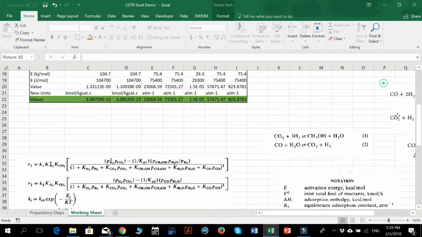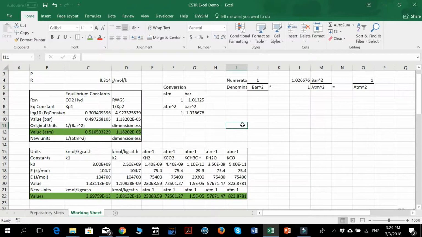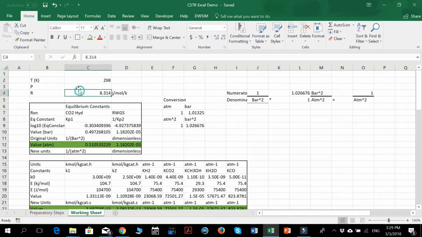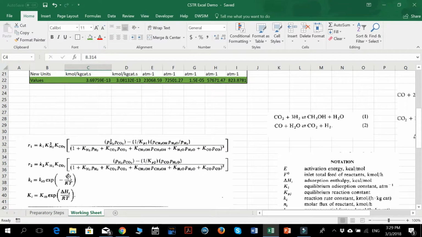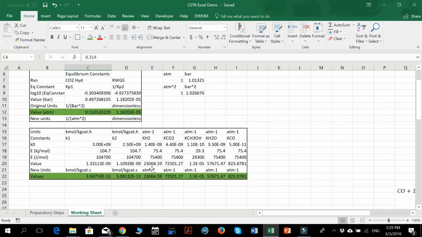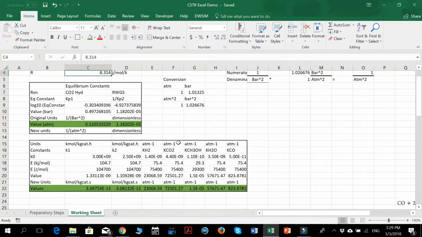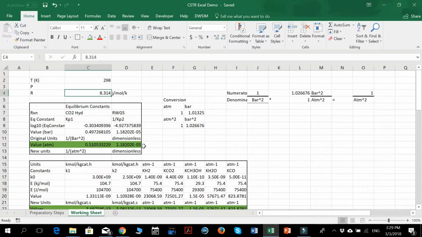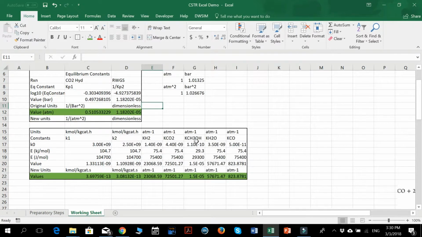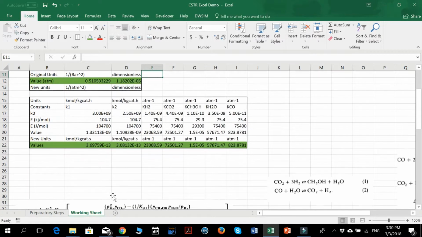And so moving on, I need a place. I want to start computing my rate of reaction, right? However, I don't have any kind of partial pressures or anything like that yet, so I will need a place where I can put the compositions together. So an ideal place is to get all the compositions you want to make it neat, right?